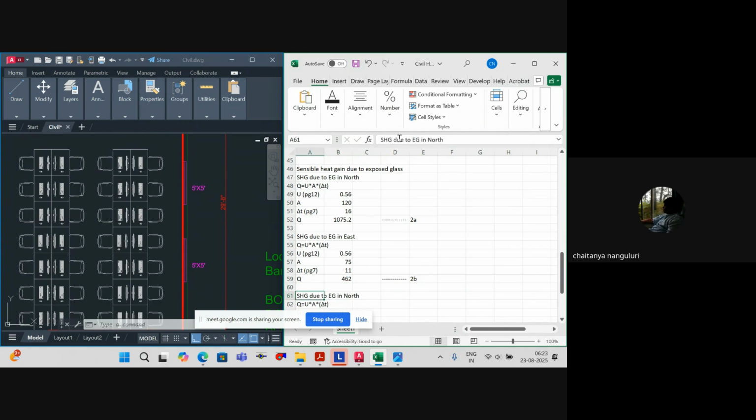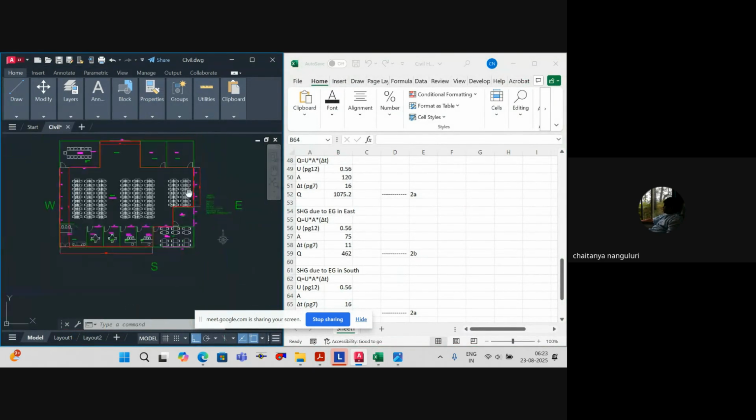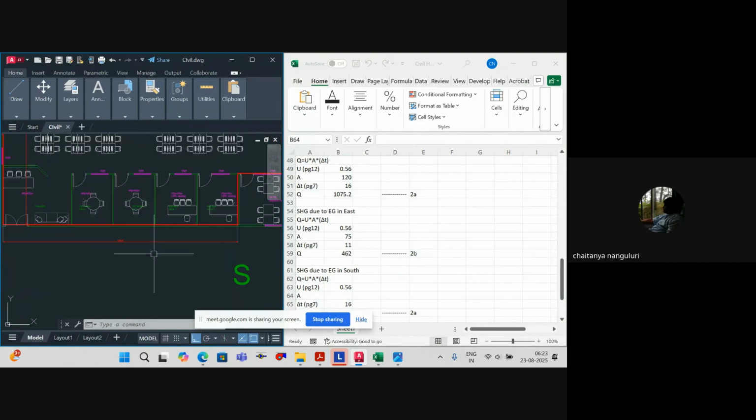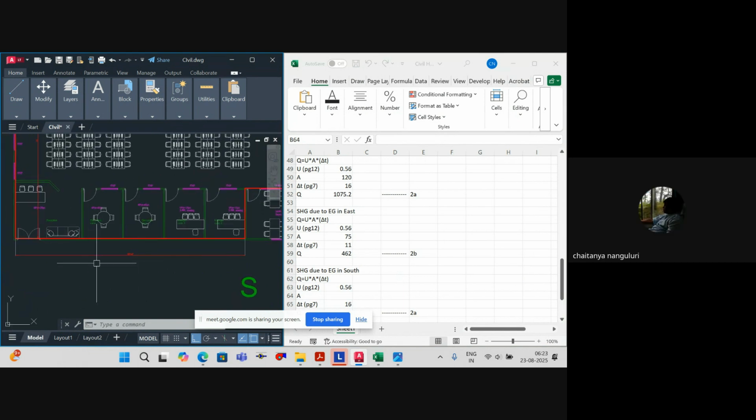Then coming to sensible heat gain due to exposed glass in south. Same again. This one we can refer to for the area, but have to change it obviously. So what is the area of this particular one in south? The U factor will remain the same irrespective of the direction. So do I have any glass? No, there is no pink marking.